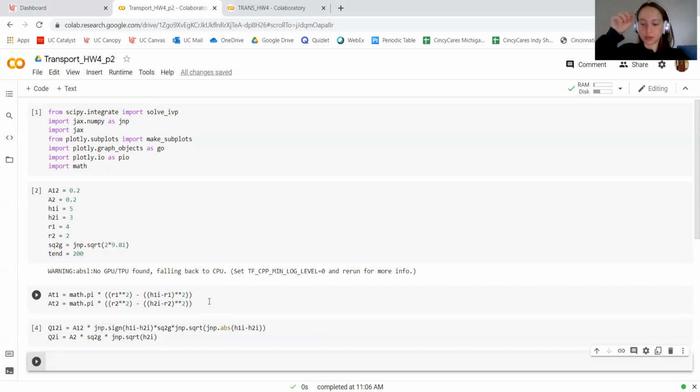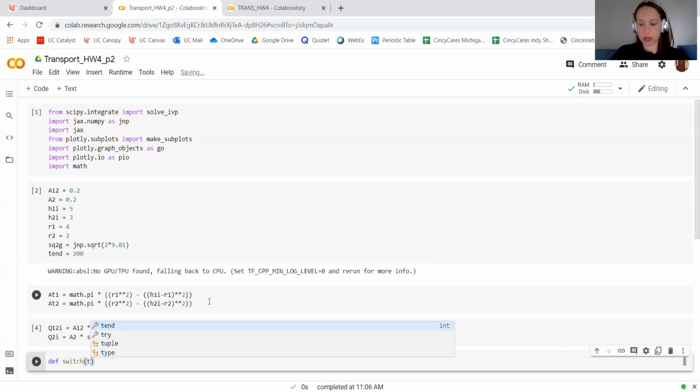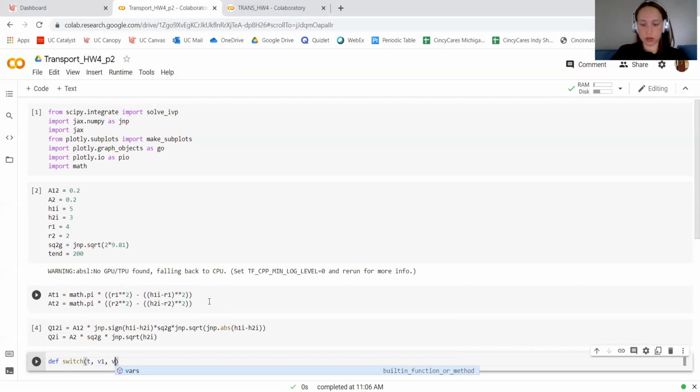So we can define switch with time, initial velocity, and velocity, and switch, and scale.